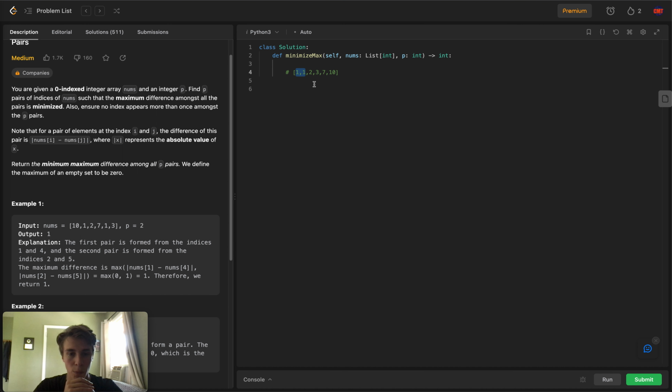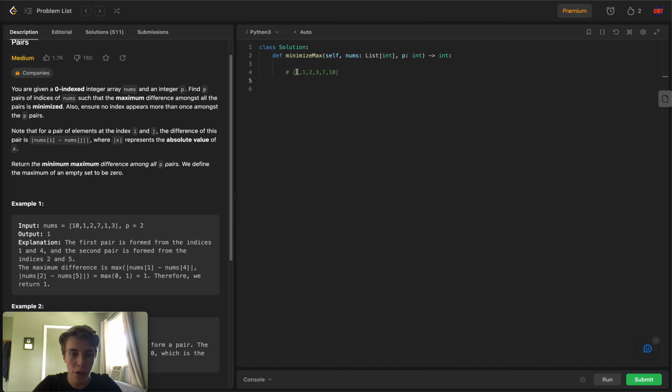I'm wondering what should be my approach to finding even a single pair. Let's start off with what is the min max of p when p equals 1.